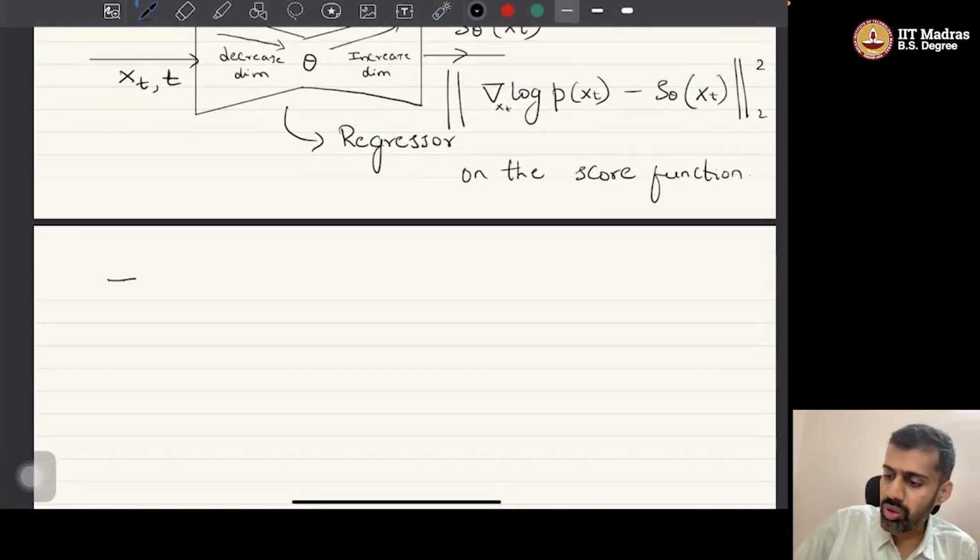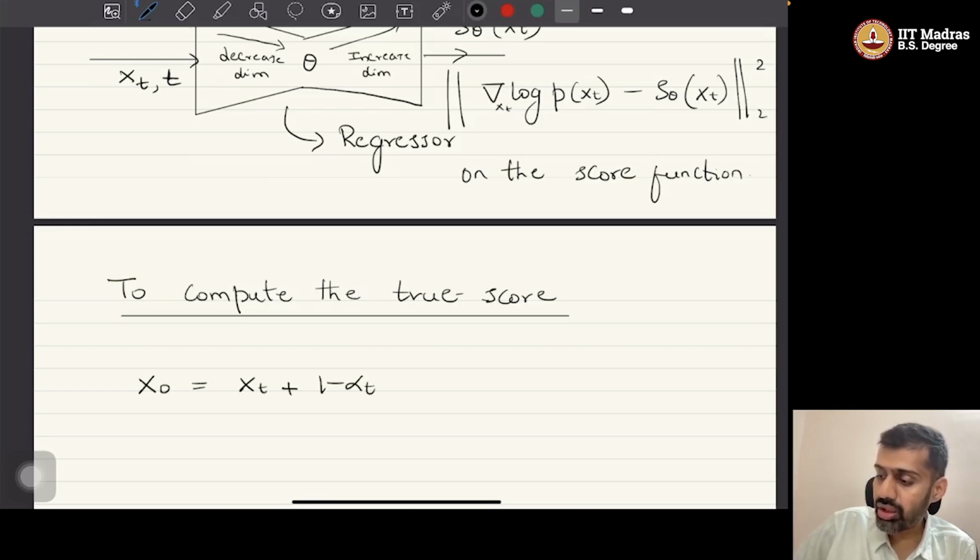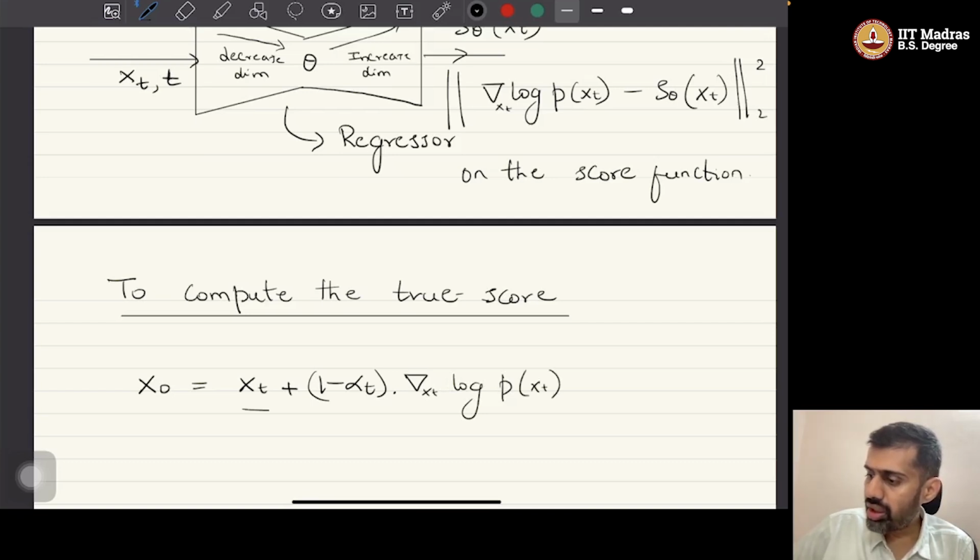So to compute the true score, you might have already seen how to compute the true score. So we had this definition, right? x naught was given in terms of xt using Tweedie's formula. What did we write? This was xt plus 1 minus alpha t bar times the score, gradient of log p of xt, divided by root of alpha t bar, right?